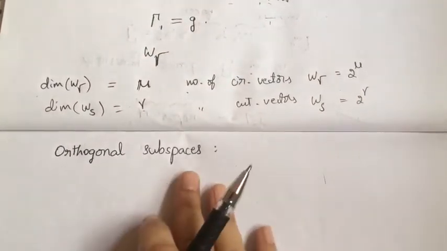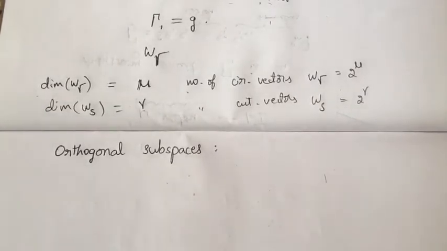Next is orthogonal subspaces. We know what orthogonal vectors are. Two vectors are said to be orthogonal if their dot product is 0.